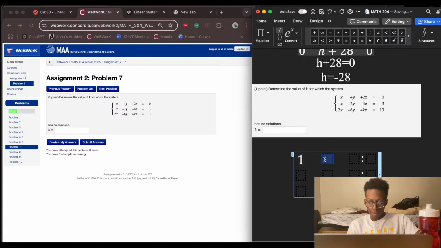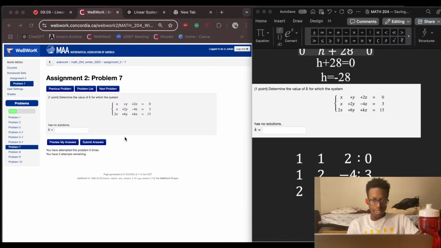So then you have 1, 1, 2, 1, 2, negative 4, 2, 6, okay. Then 0, 3, and 13. I should make sure that the numbers are correct. Someone joined, but then it disappeared.